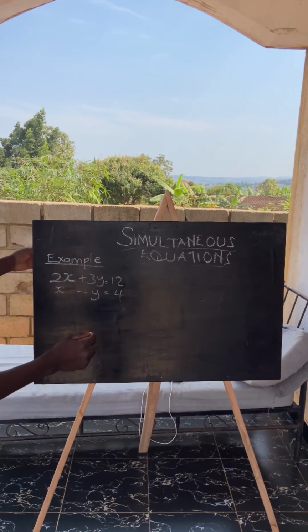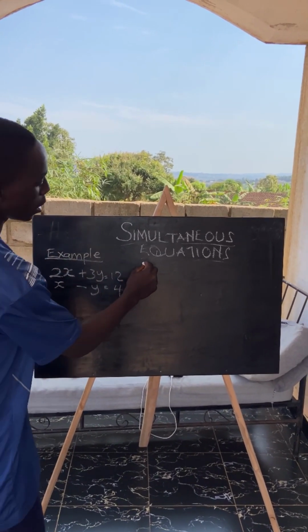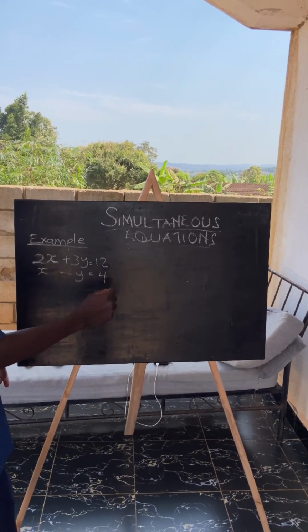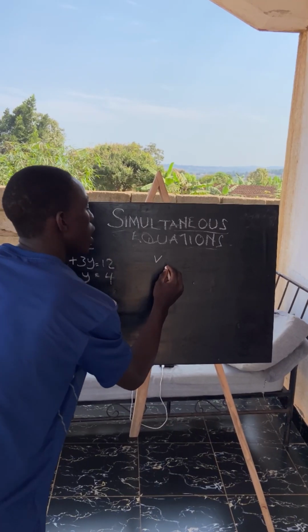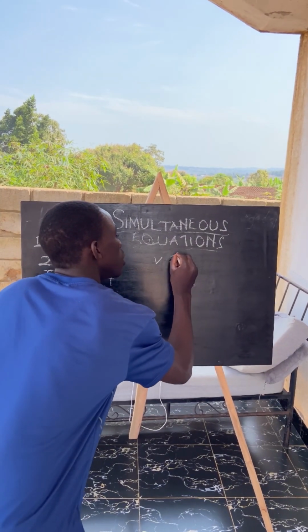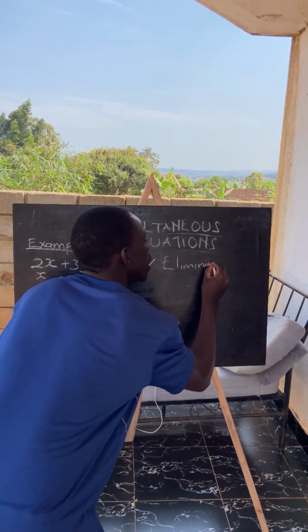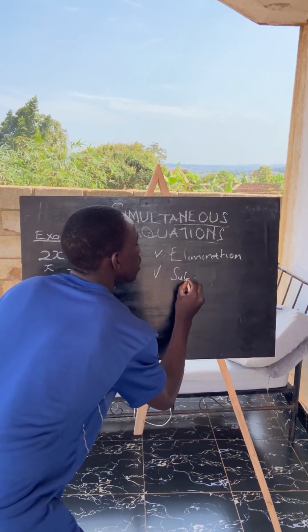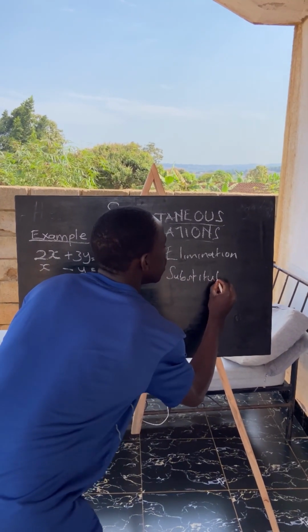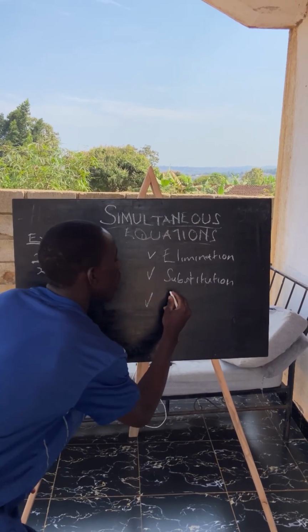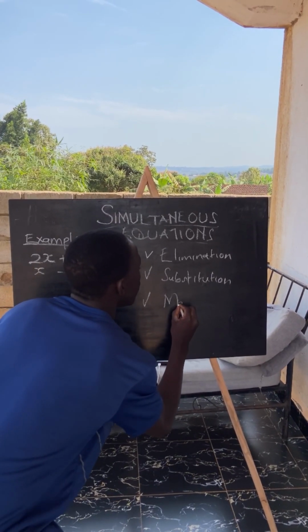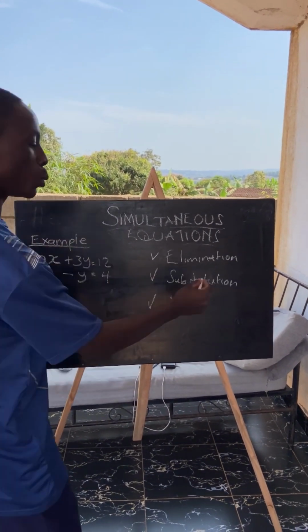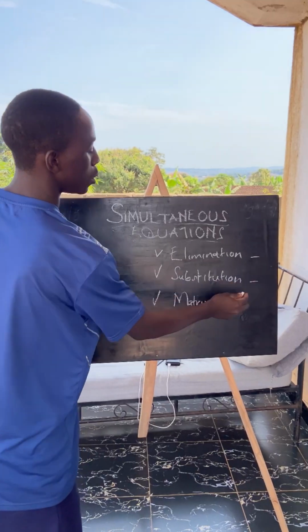We are having three methods of how to work out simultaneous equations: elimination method, substitution, and then solving by matrix method. But in this video, we are going to look at basically two: elimination and substitution.